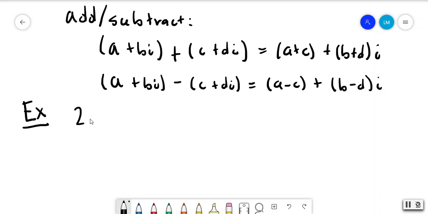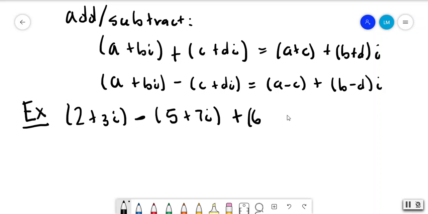What if you had 2 plus 3i, minus 5 plus 7i, and then plus 6 minus i?